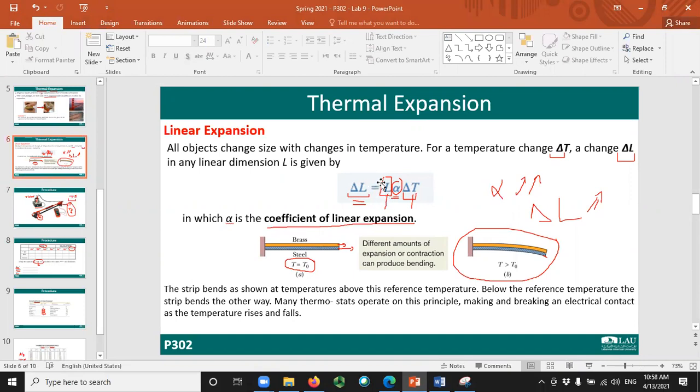So all you need to do is convert from a one-dimensional system to a three-dimensional system, and obtain an expression where, instead of delta L, you have delta V equals V times the coefficient, times delta T. So you need to derive this expression. And that's it for this lab report.